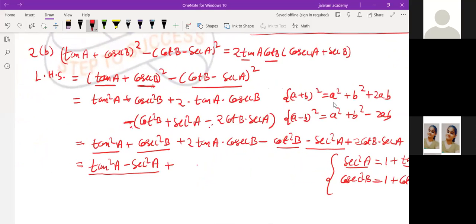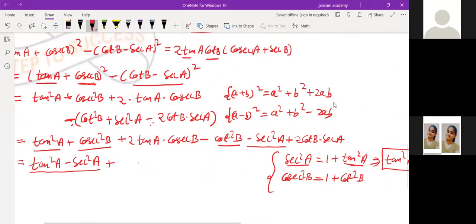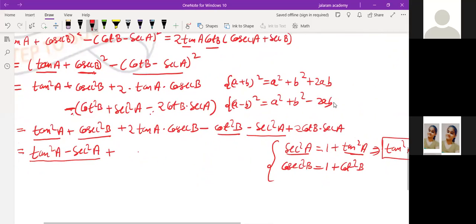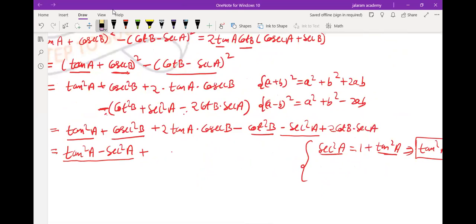So first, we know that sec square A equals 1 plus tan square A. Using this, we can find the value of this tan square A in our calculation: sec square is transferred to the right hand side, minus sec square A, and 1 is transferred to the left hand side, equals minus 1.